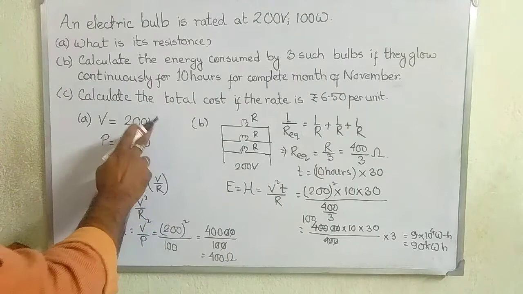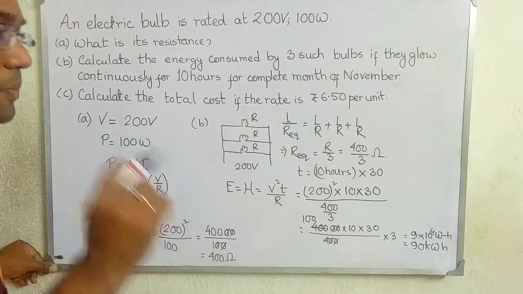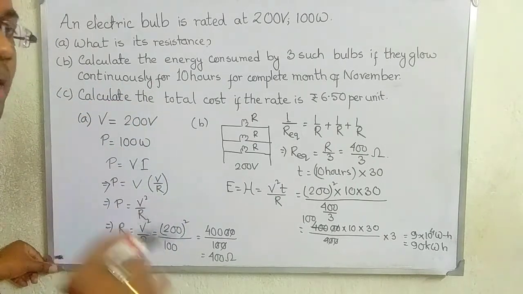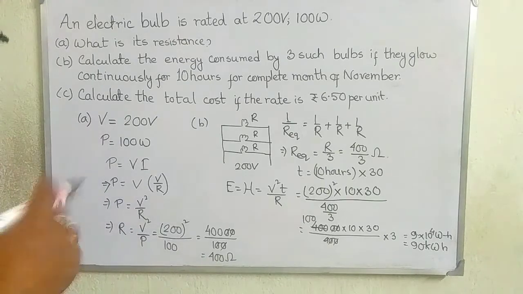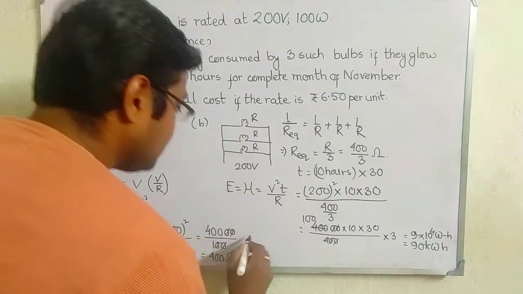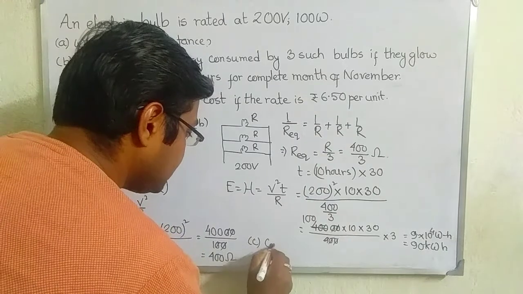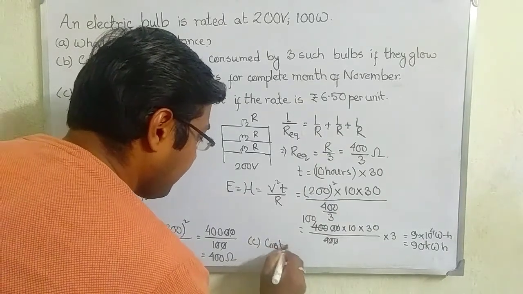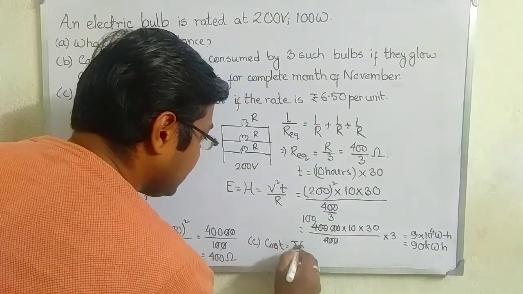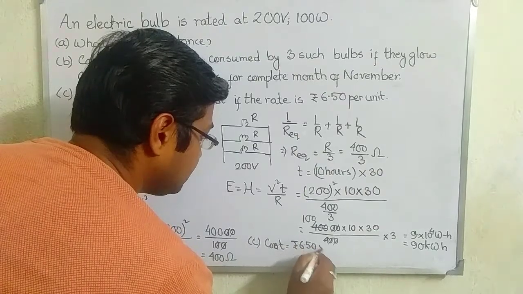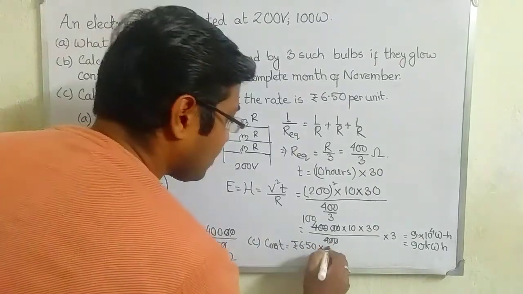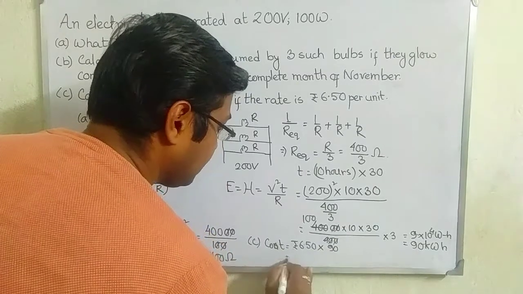Calculate the total cost if the rate is rupees 6.50 per unit. Okay, so we have to just multiply this. The cost equal to rupees 6.50 into 90.